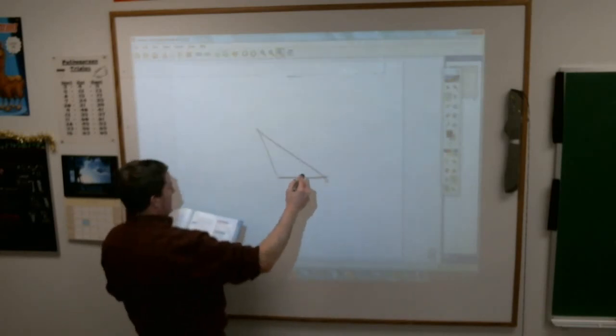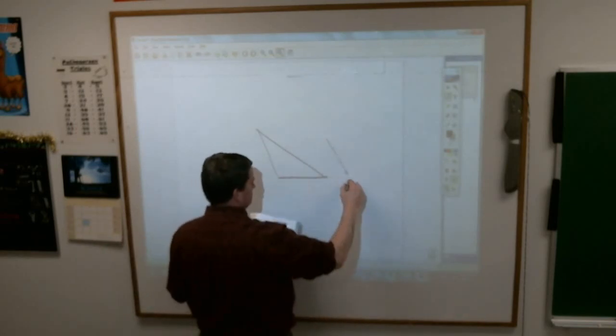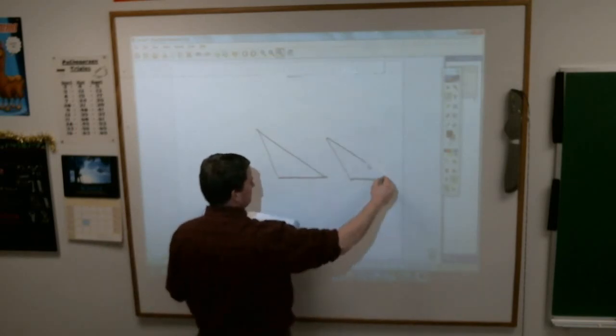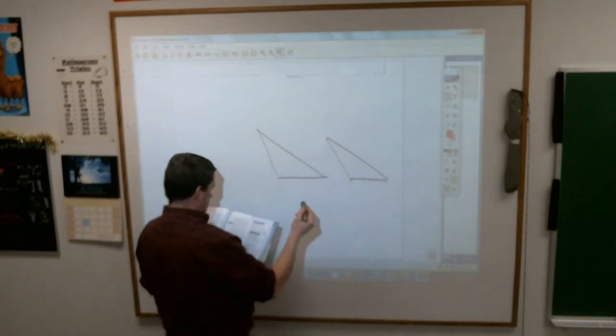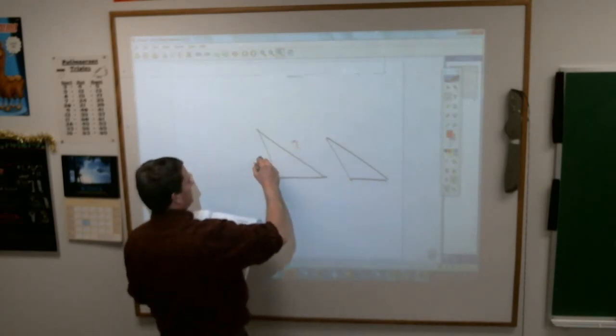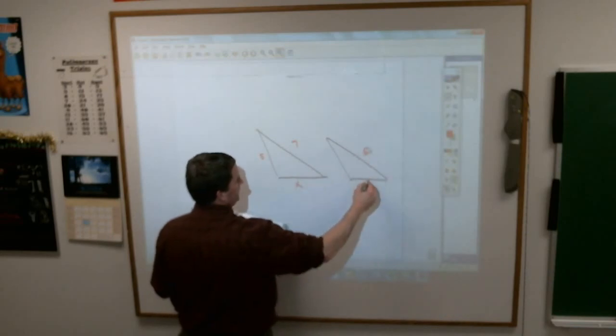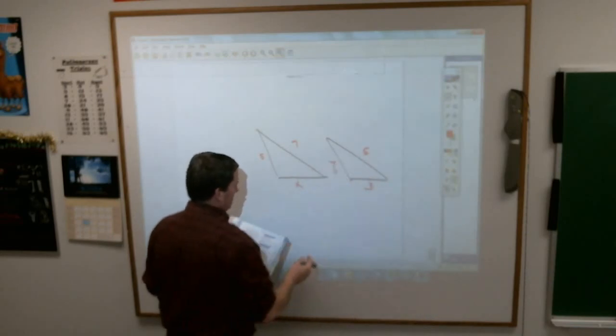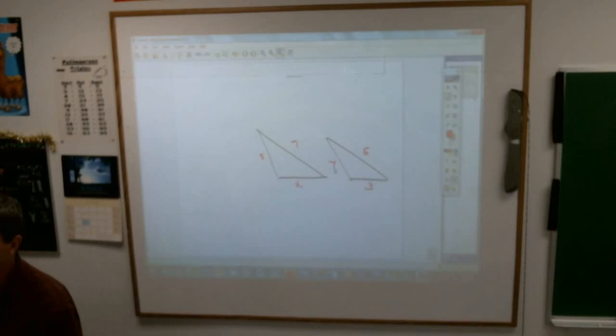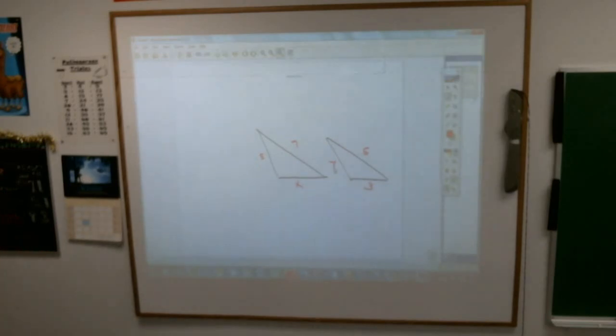Problem number 5. Here's what it looks like. 7, 5, and x. And 5, 3, and y. And the question is, give x and y. First of all, how do I know that those triangles are similar?